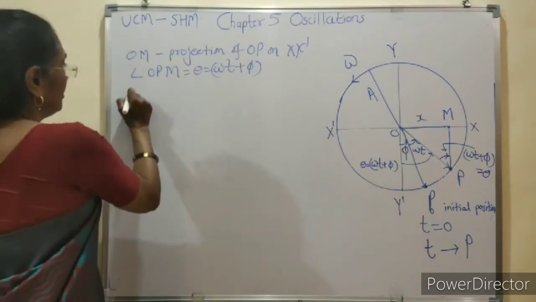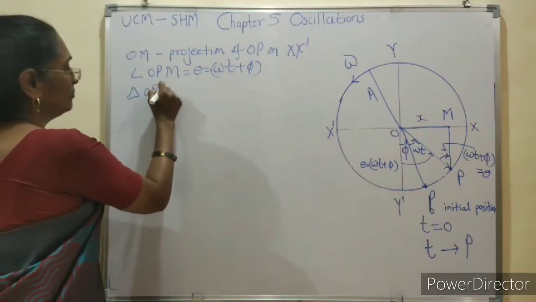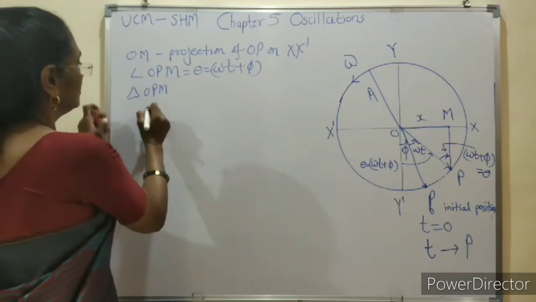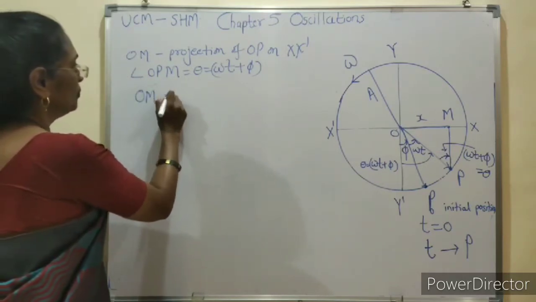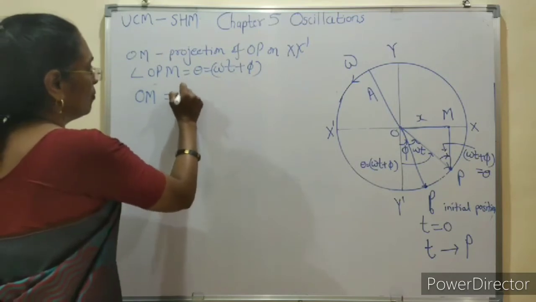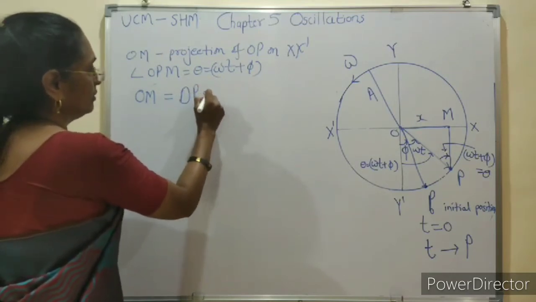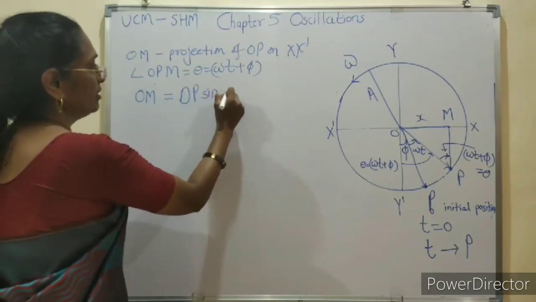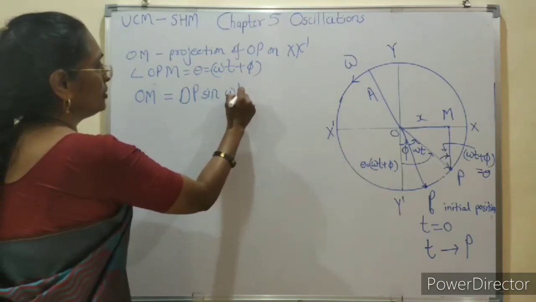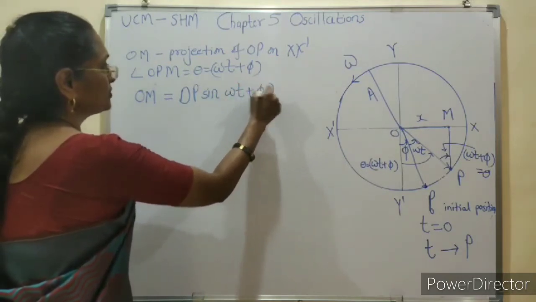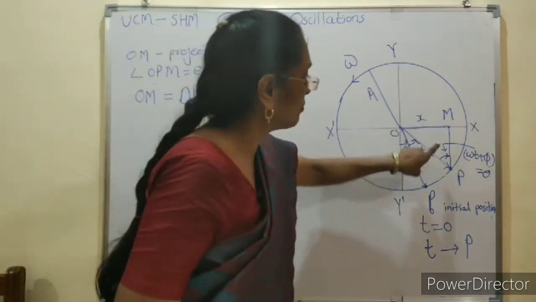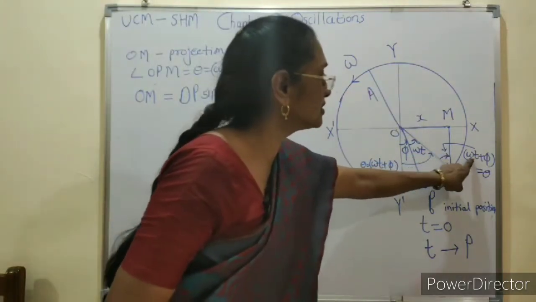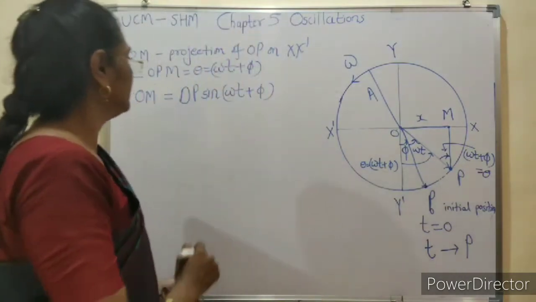From triangle OPM, the projection OM is equal to OP sin theta, or OP sin of omega t plus phi, because x upon A is equal to sin of omega t plus phi.